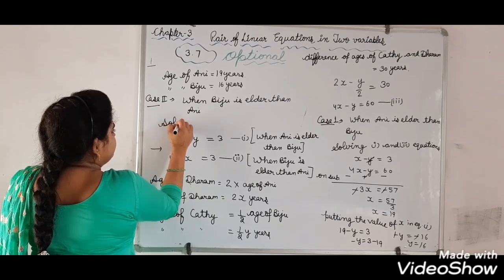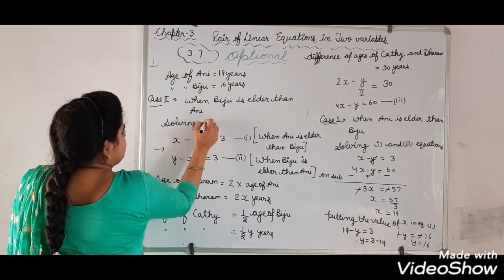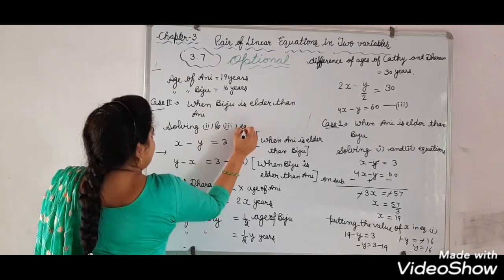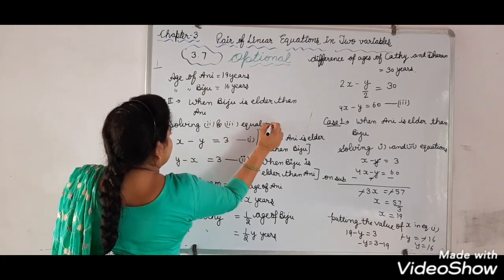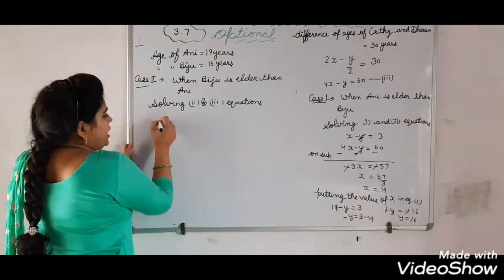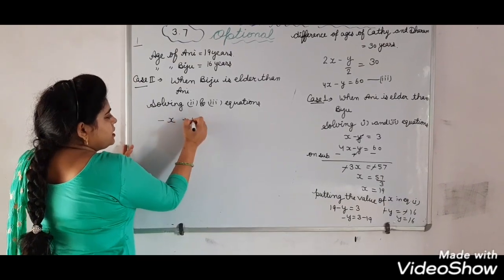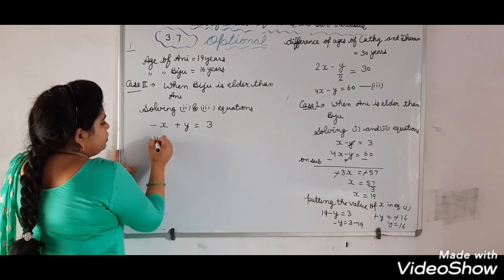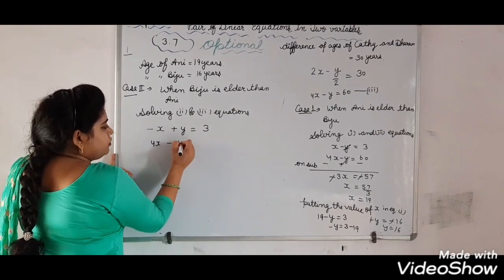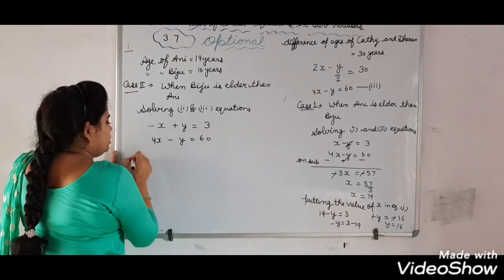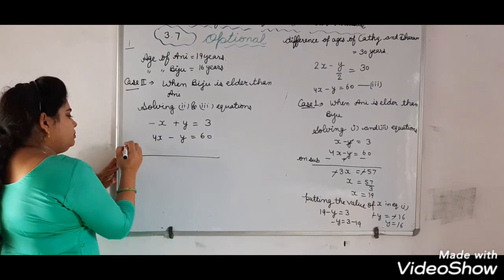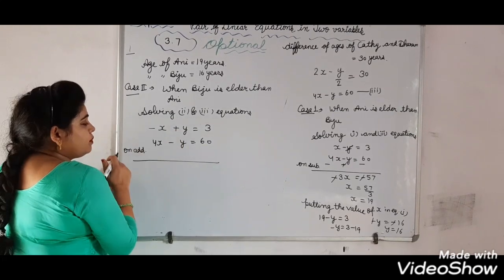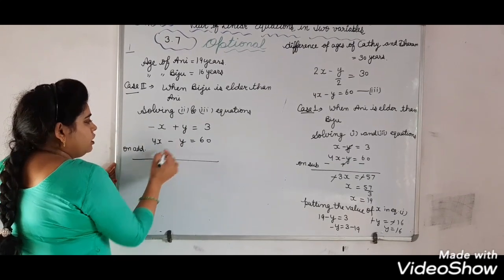Solving second and third equation. Second equation was minus x plus y is equal to 3 and third equation is 4x minus y is equal to 60. Now using elimination method on adding y, because y is having opposite sign and same coefficient, we can add.